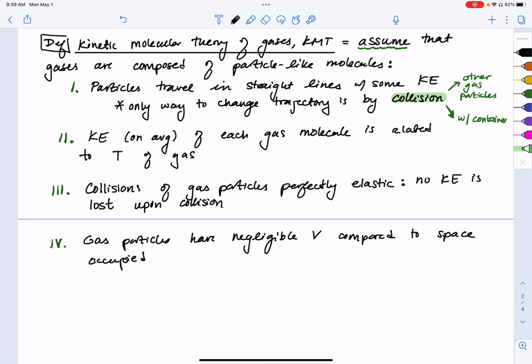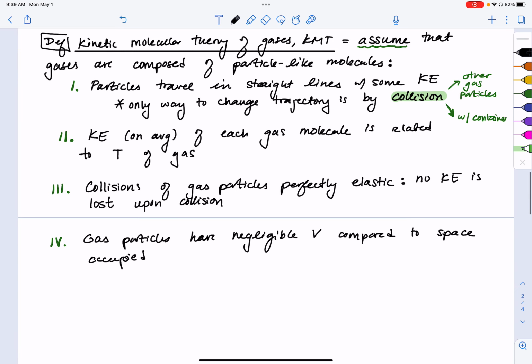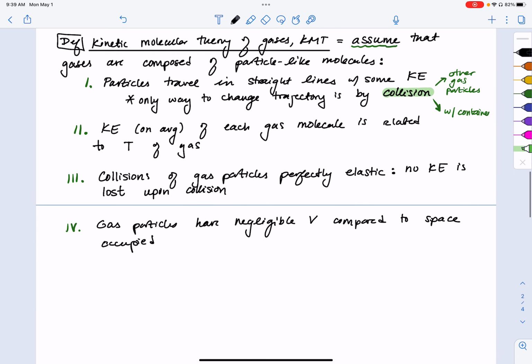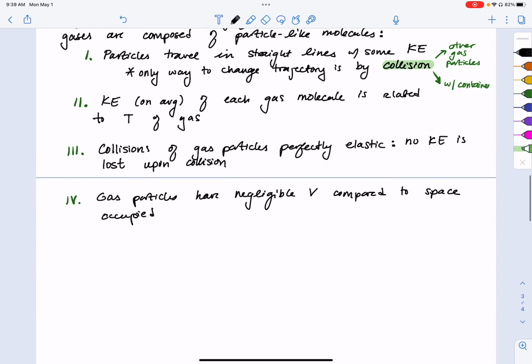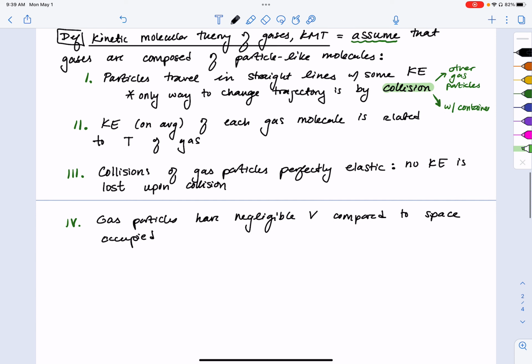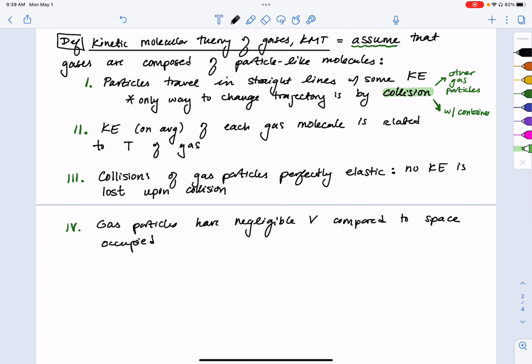Meaning we don't have to think about how much space the molecules themselves take up, because in kinetic molecular theory, they are so small relative to the container that they are found within that it's okay to assume that their volume is zero. Now we know that that's not true, right? We have a mass, and due to density, we have some volume because we are matter. But in kinetic molecular theory, that kind of volume can be ignored.